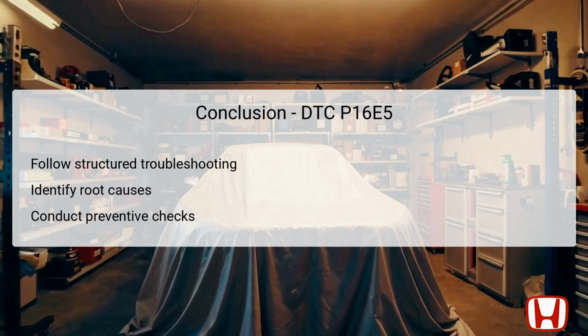In conclusion, resolving DTC P16E5 involves a step-by-step diagnosis of the LIN communication error between the PCM and the DC-DC converter in the Honda CRV. Careful inspection and testing of the involved wiring and connectors are key to identifying the root causes of the error.